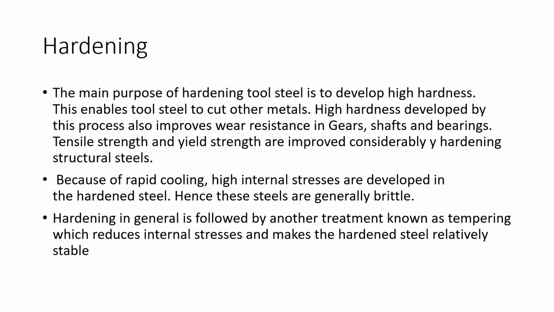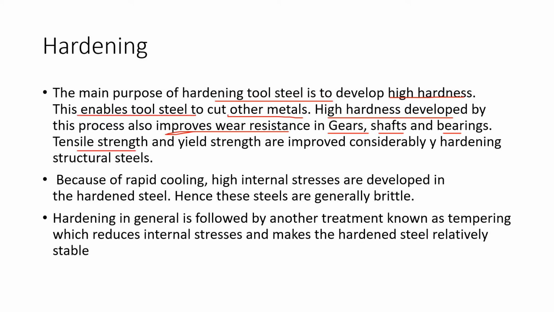The main purpose of hardening tool steel is to develop high hardness. This enables tool steel to cut other materials. High hardness developed by this process also improves wear resistance in gears, shafts, and bearings.